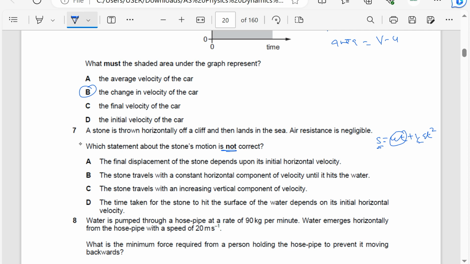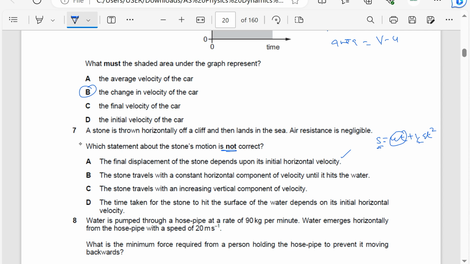And then, the stone travels with a constant horizontal component of velocity until it hits the water. No, they said which statement about the stone's motion is not correct, so this can be correct.